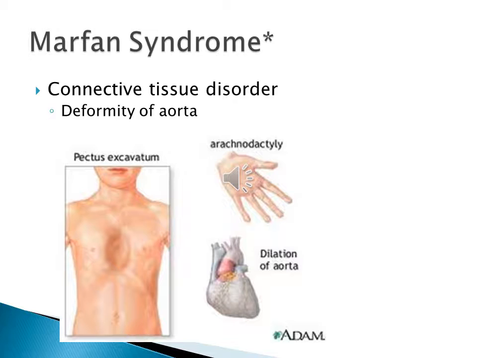If you take your fifth digit and your thumb and wrap them around your wrist, they shouldn't overlap, and somebody with Marfan syndrome, they will. Part of what causes that is what's called arachnodactyly. If you see on the screen, the very long fingers. Somebody with this will show that. So those are some things to look at in maybe screening somebody for Marfan syndrome.